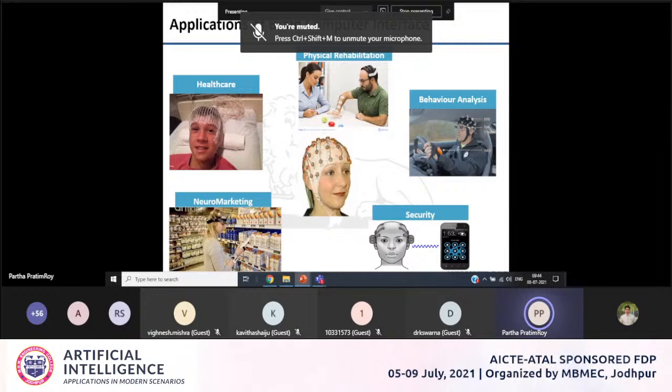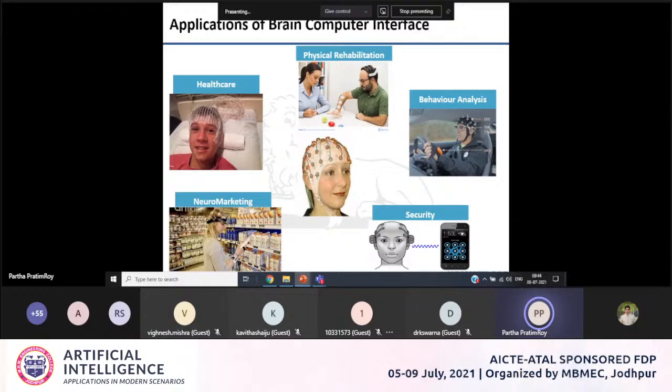So, for example, if he's driving the car, or if he's before an exam, his behavior will change. So we can analyze this behavior, and see what the change is.